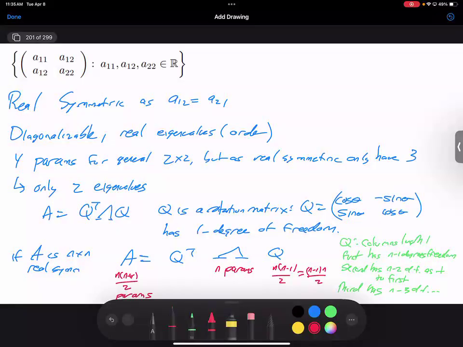Which do you think is more important? The parameters from lambda or the parameters from Q? Or are they equally important? Which do you think really matters? The eigenvalues or the parameters from Q? It's the eigenvalues. Here we can discriminate.